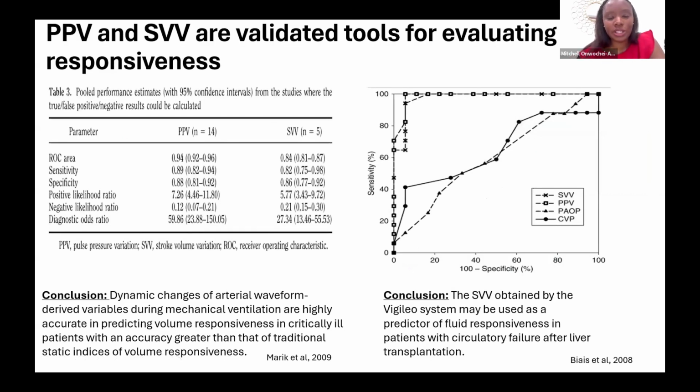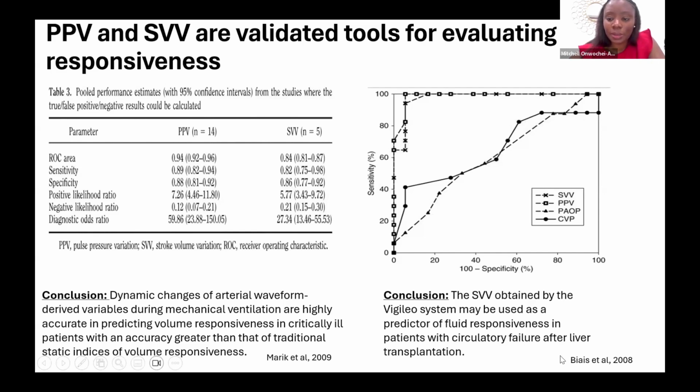And multiple studies have shown that SVV and PPV correlate with fluid responsiveness. So this study published by Dr. Marek in 2009 showed that the sensitivity for PPV is 89% and specificity was 88%. And the sensitivity for SVV was 82% and specificity 86%. So pretty good in terms of determining fluid responsiveness.